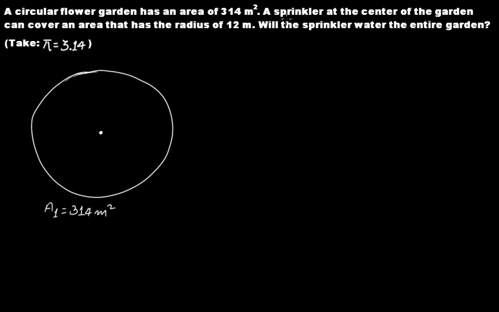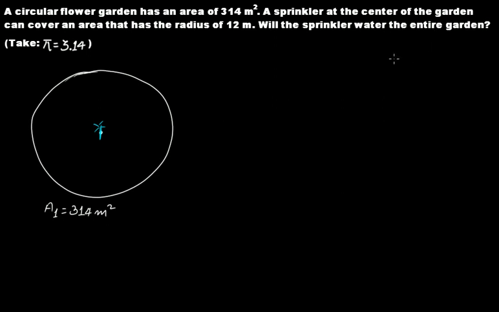A sprinkler at the center of the garden, let's say that here is a sprinkler, can cover an area that has a radius of 12 meters. Will the sprinkler water the entire garden?